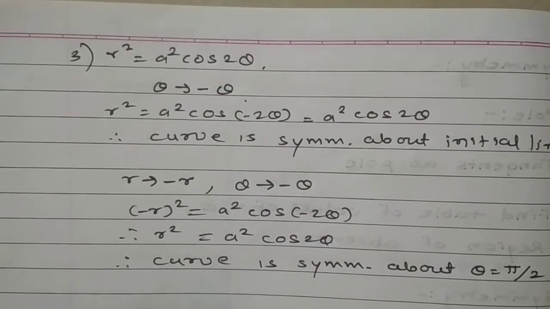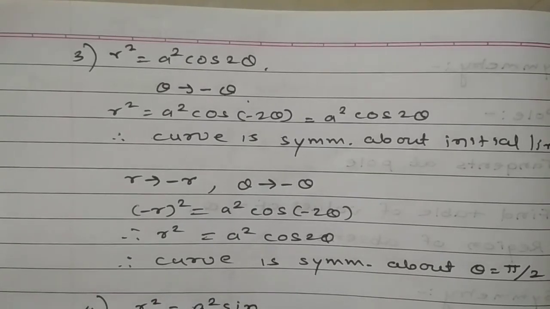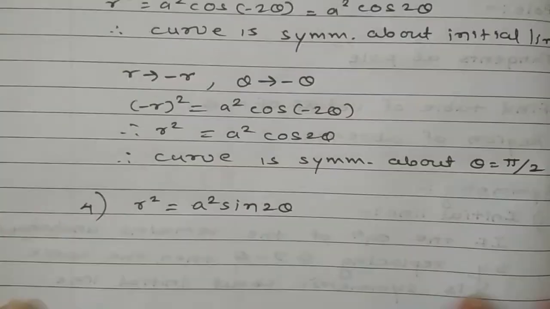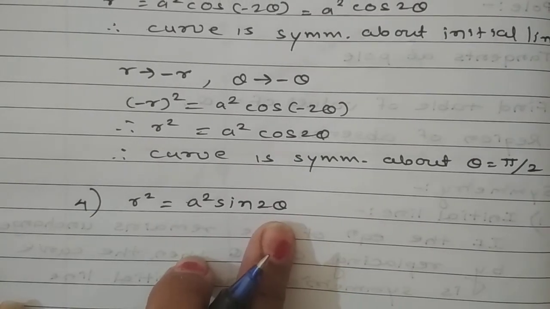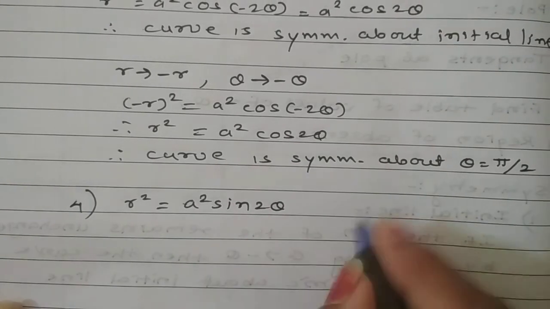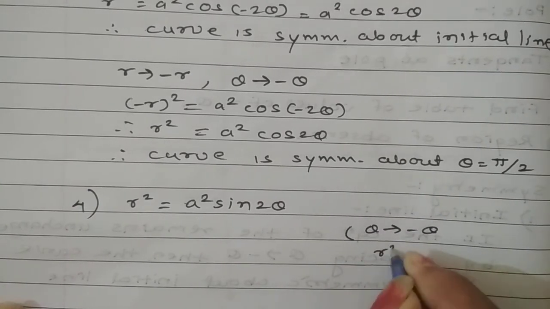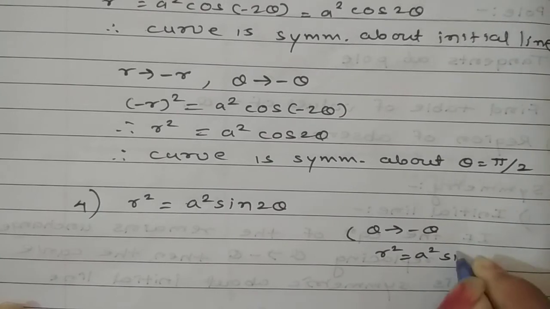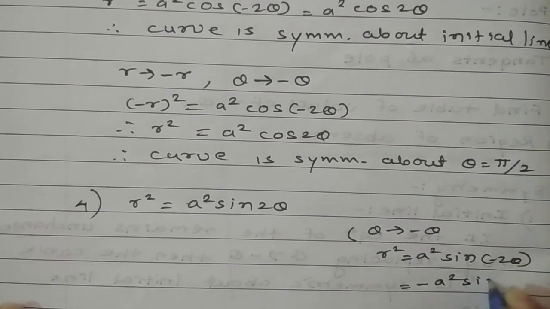Next example. Fourth, consider r square is equal to a square into sin 2 theta. Now see, in this example, when we replace theta by minus theta, then we get r square equal to a square into sine of minus 2 theta, that means minus a square sine 2 theta.